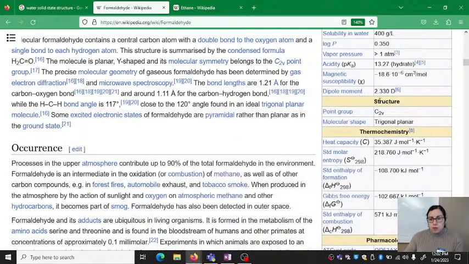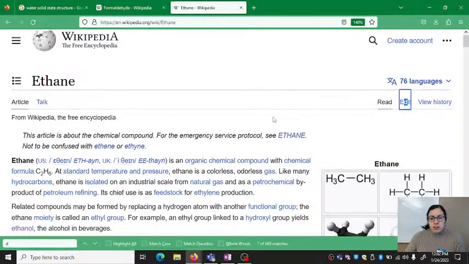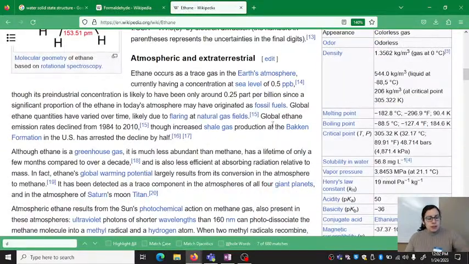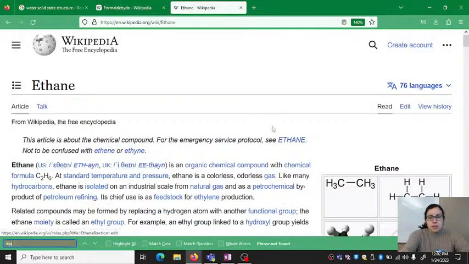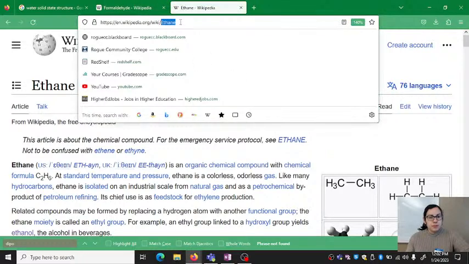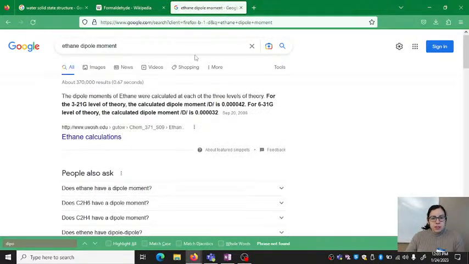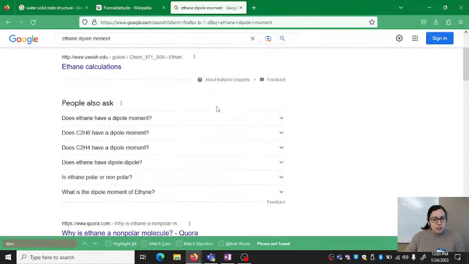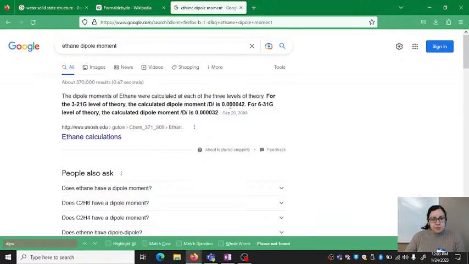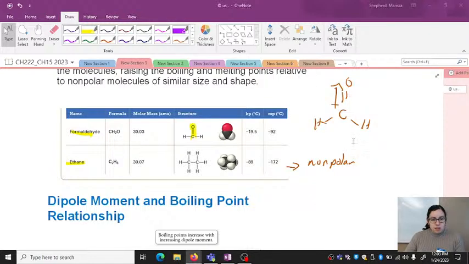That's relatively high, 2.33 for formaldehyde. Ethane, I'm not sure. Let's ask Google. I bet it's 0. Yeah, so it's pretty much 0. So again, just meaning no dipole moment, not polar, what we expect. So you can just see that in context.